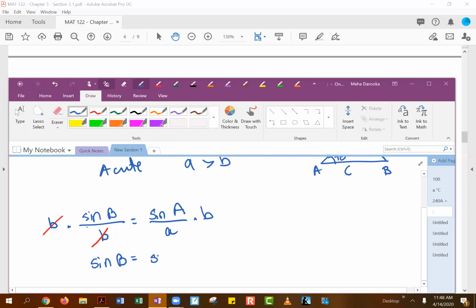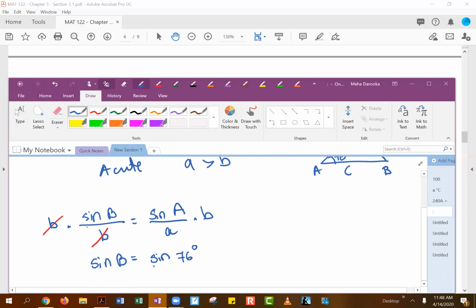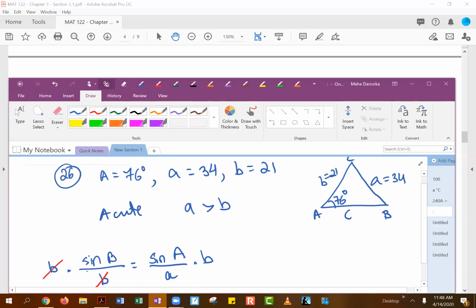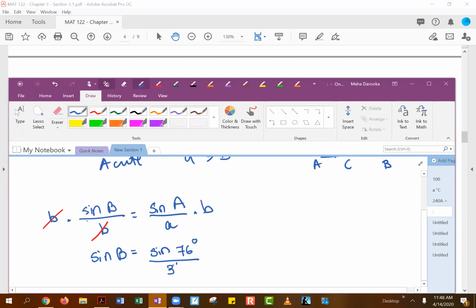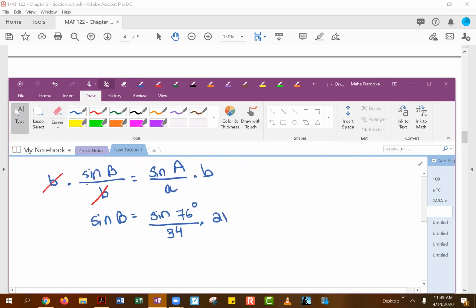Okay, so let's see, sine of angle A is 76 degrees, side A is 34, side B is 21. And what will this end up giving us?